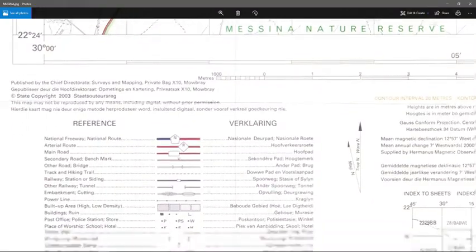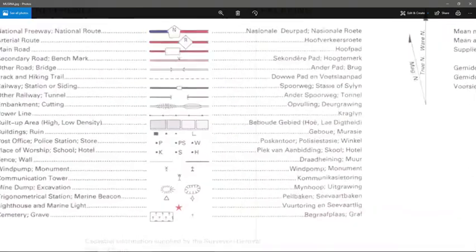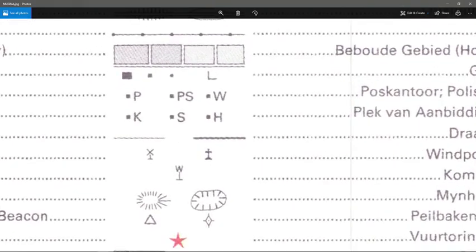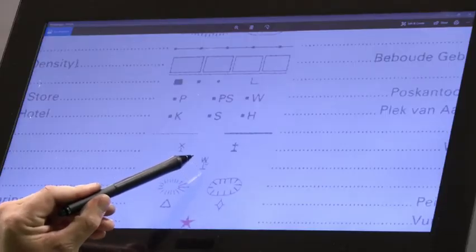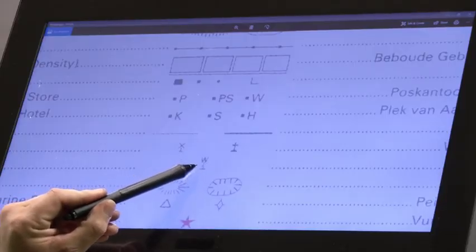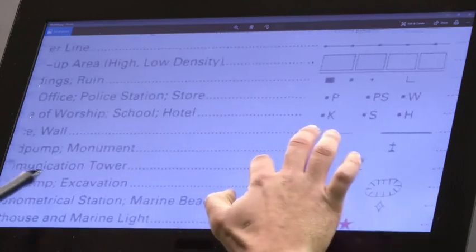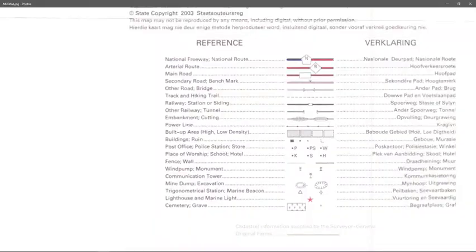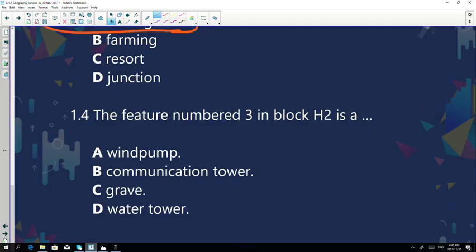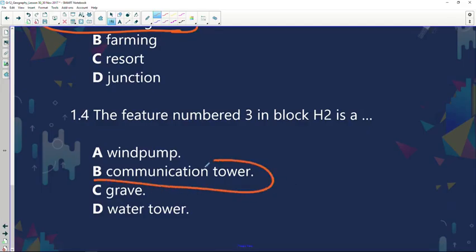It looks like a W, and as you can see, it's this key over there, and that represents a communication tower. Let's see if they give you the option of a communication tower in your multiple choice. Yes, they do, and there is your correct answer. Quite simple, isn't it? You just need to go and look for the correct answer.